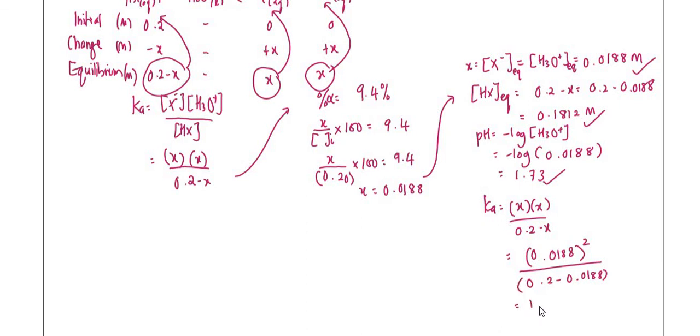And you get the value 1.95 exponent negative 3. So this is all the answers needed in the question.